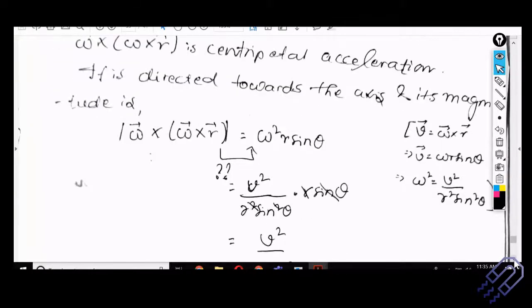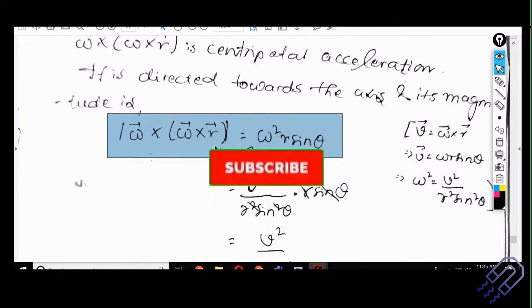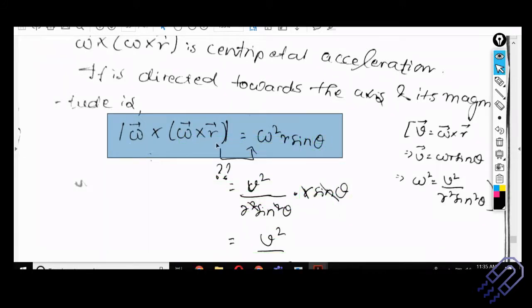The first part is of course centripetal acceleration, which we have already discussed. It is directed towards the axis and its magnitude is this. What we did was we took omega cross r, and we know omega cross r is perpendicular to the plane containing omega and r. By the vector triple product, the angle between them is 90 degrees, so this is omega r sine of theta, and sine of 90 is 1.